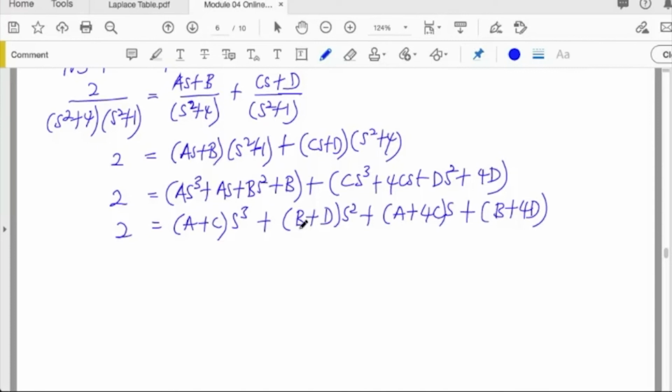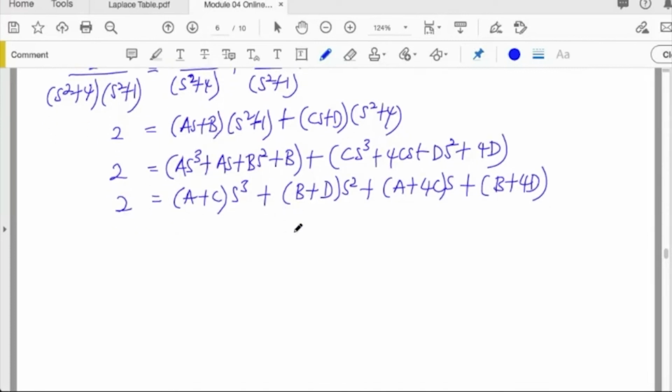Okay, so how many equations can you get from these equations? You have 4 unknown variables, so you should have 4 equations to solve. Okay, so the first one we have a plus c equal to 0 for the s cubed. Okay, so that is our first equation. Our second equation is for the s squared.